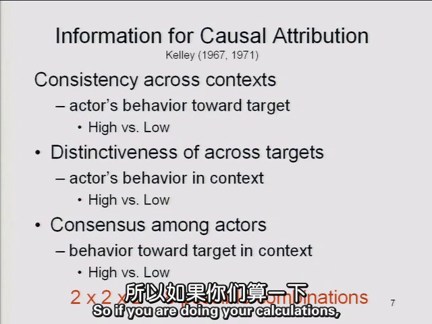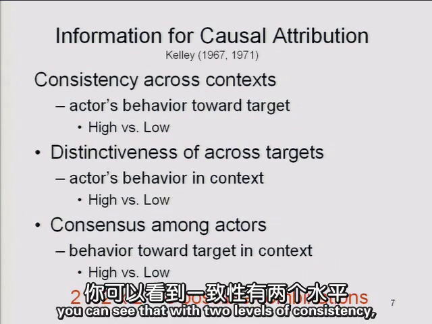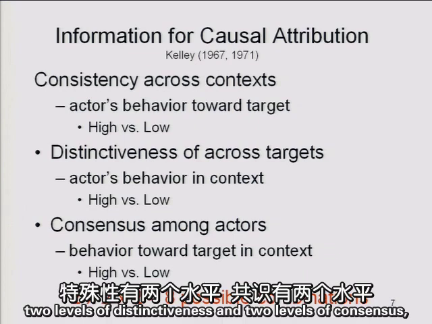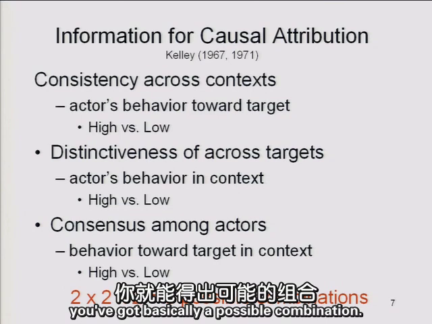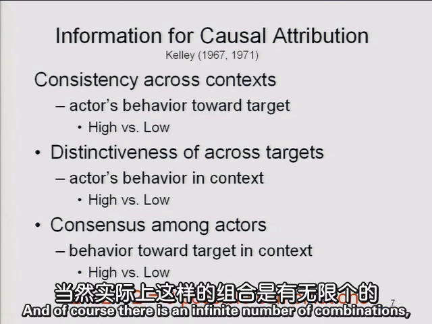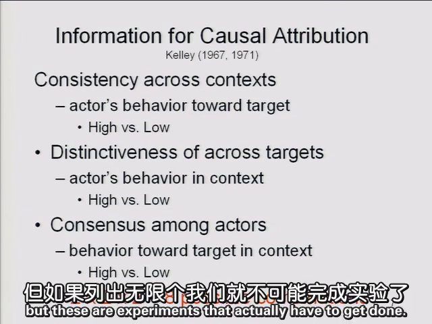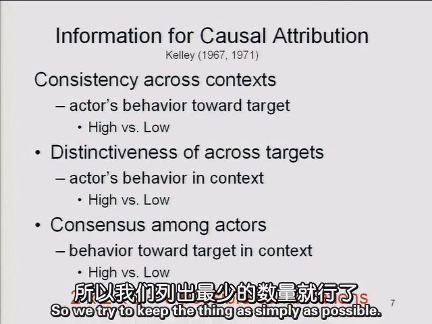So if you're doing your calculations, you can see that with 2 levels of consistency, 2 levels of distinctiveness, and 2 levels of consensus, you've got basically 8 possible combinations. And of course, there's an infinite number of combinations, but these are experiments that actually have to get done. So we try to keep the thing as simple as possible.